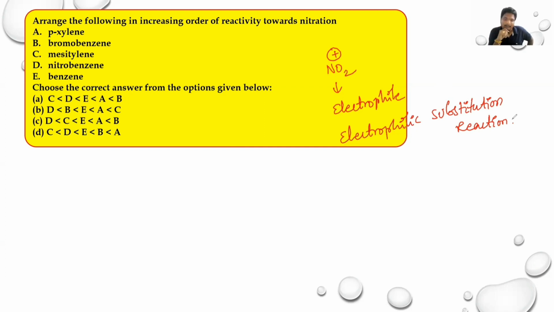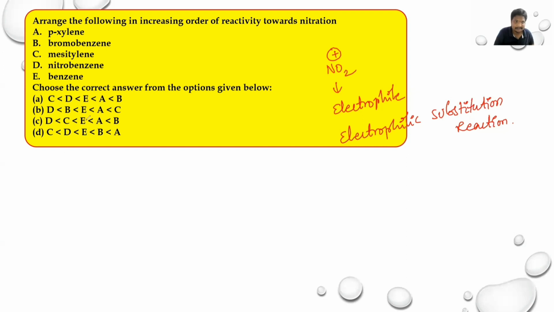In electrophilic substitution reactions of aromatic compounds, when they contain electron donating groups, that is ring activating groups, the rate of electrophilic substitution increases. When a ring deactivating group is present, the rate of electrophilic substitution decreases.